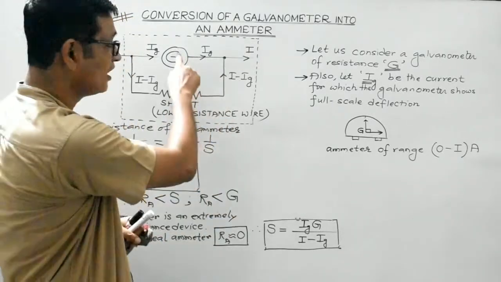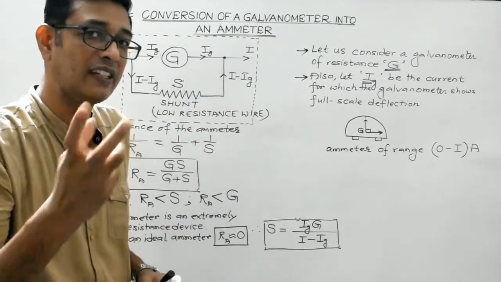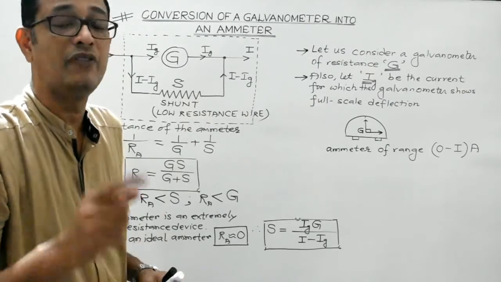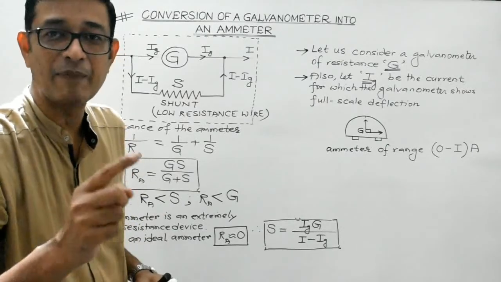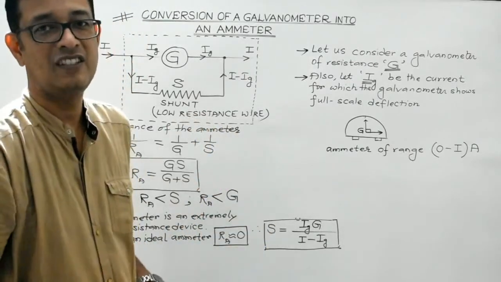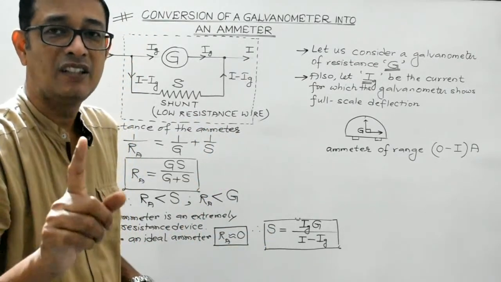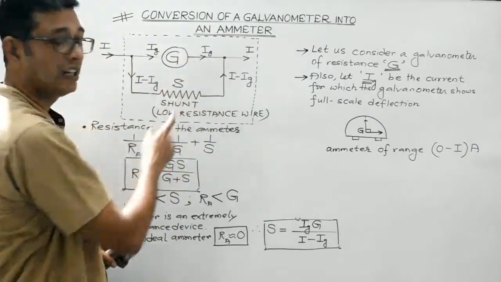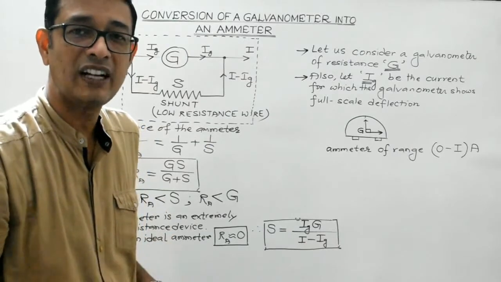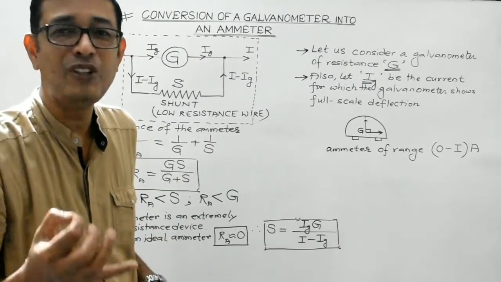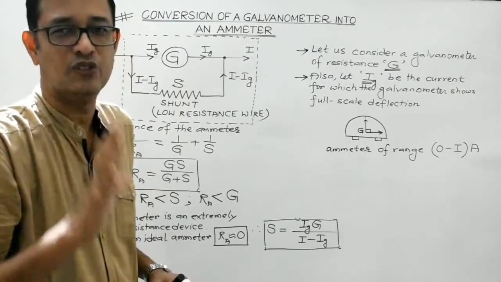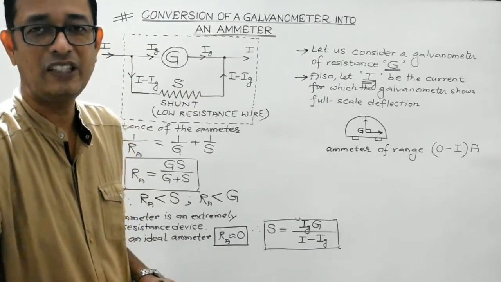And since they are connected in parallel, the potential difference across the galvanometer must be equal to the potential difference across the shunt. Therefore the value of shunt is Ig capital G divided by I minus Ig. This is the formula for the shunt. And lastly, we have determined the resistance of the ammeter so obtained, given by GS divided by G plus S. And we have concluded that an ammeter is an extremely low resistance device and the resistance of an ideal ammeter is 0. It is negligible, right?